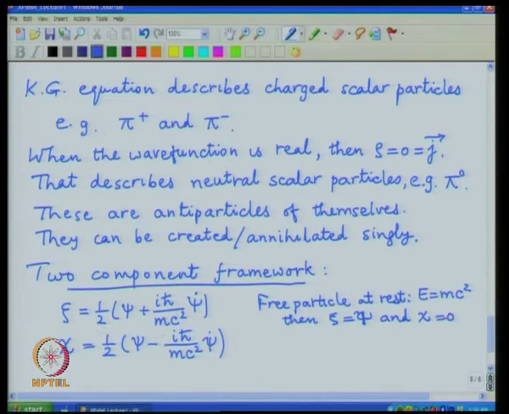In one case the two things add, in the other the two things cancel. The psi dot basically just produces the energy, which is mc square, and the two factor cancels out.